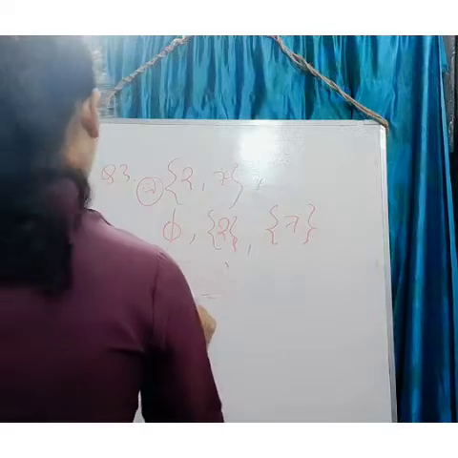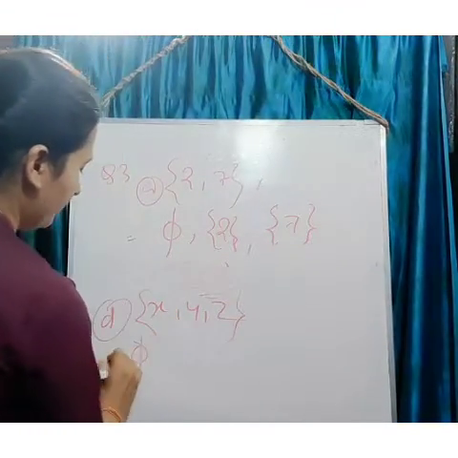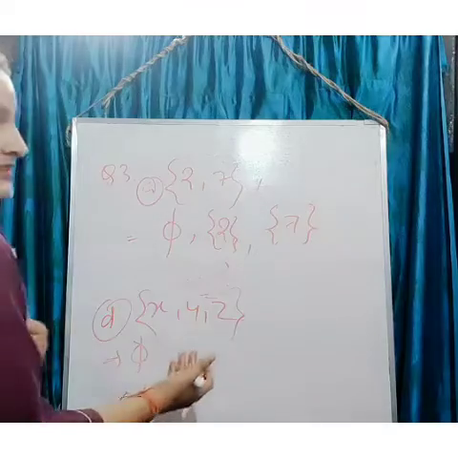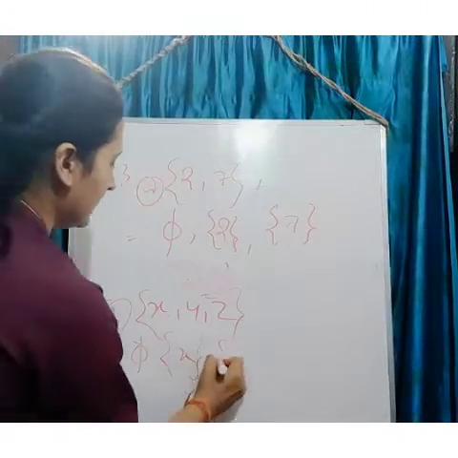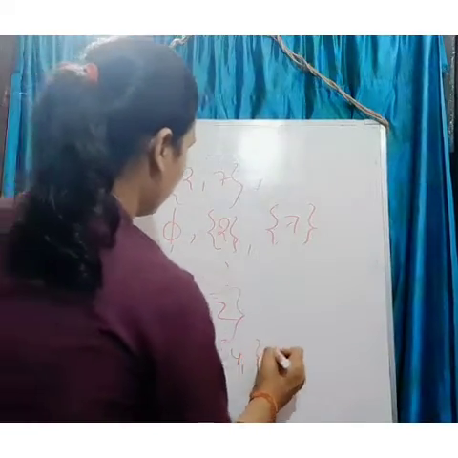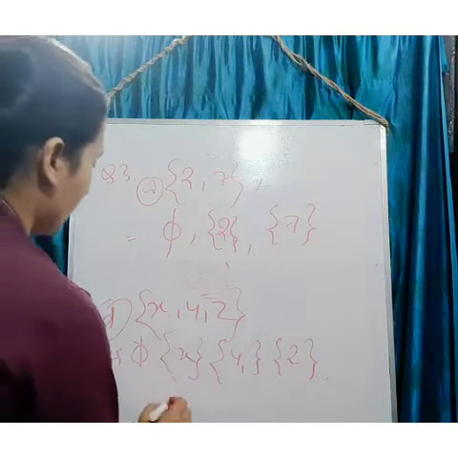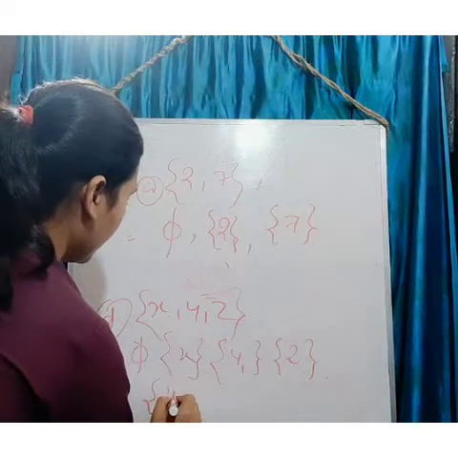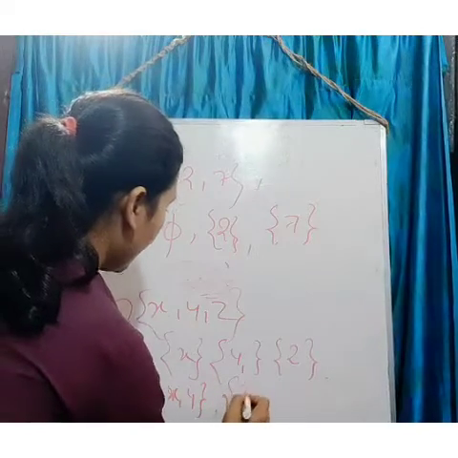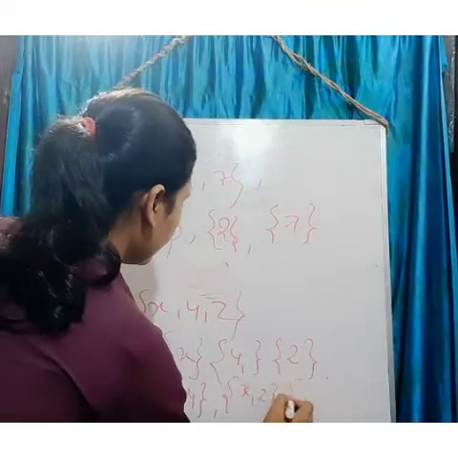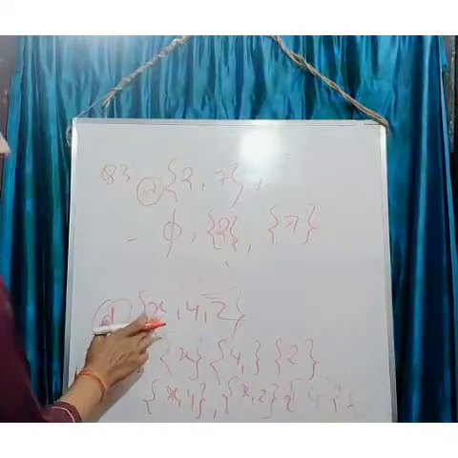D: X, 4, 2. So, the first possible is null, that is, there is no element. It could be X, it could be 4, it could be 2. Then, it could be X and 4, it could be X and 2, and it could be 4 and 2, but it could not be X, 4 and 2.